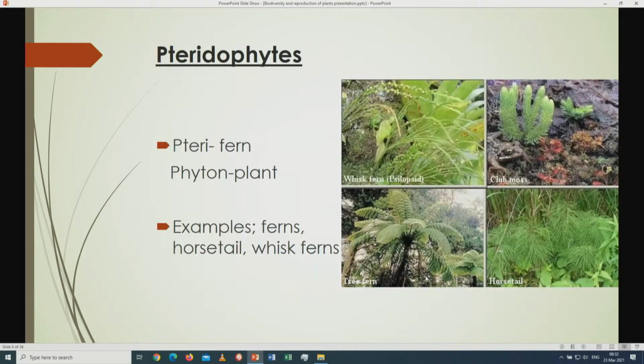Coming to the pteridophytes. The word pteri means a fern. Phyton means a plant. Examples of the pteridophytes are the horsetail, the whisk fern, and the tree fern. This fern is the one that we use at our houses as ornaments.